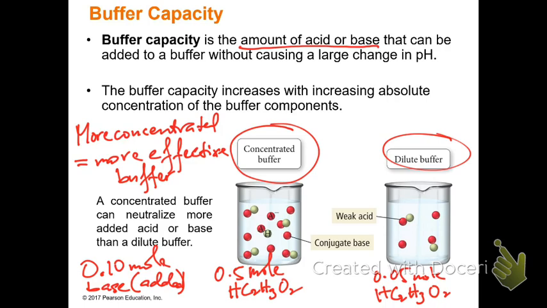Whereas the dilute buffer, you only have 0.05 mole of the acid, and so it's not going to be able to neutralize the added base completely. And so you're basically destroying the buffer here, right? The dilute buffer will be destroyed. All right, so the concentrated buffer then is a more effective buffer than the dilute buffer.